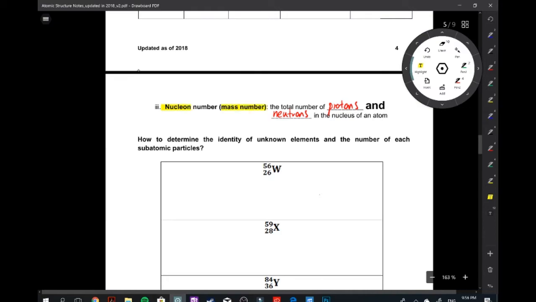And hence, this term refers to all particles that are found inside the nucleus itself. Another term for the nucleon number is also known as the mass number. And sometimes it's also more informally referenced to as the relative atomic mass.